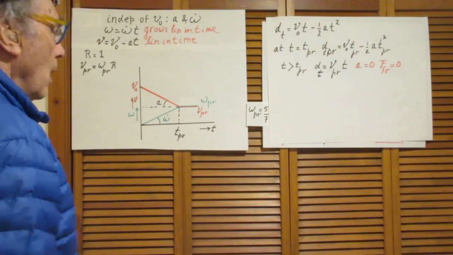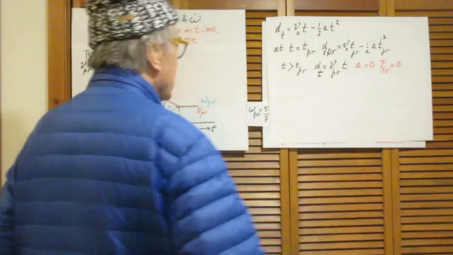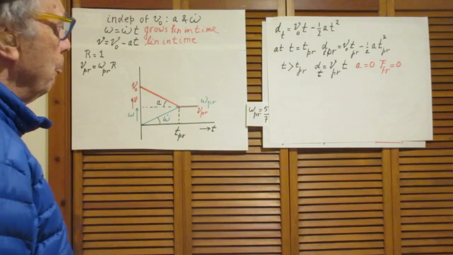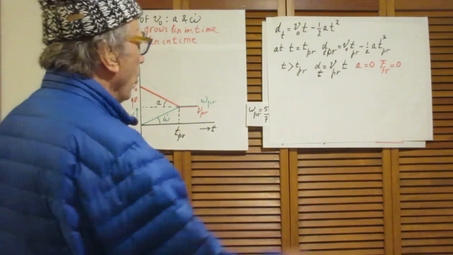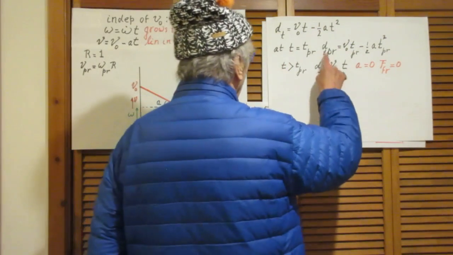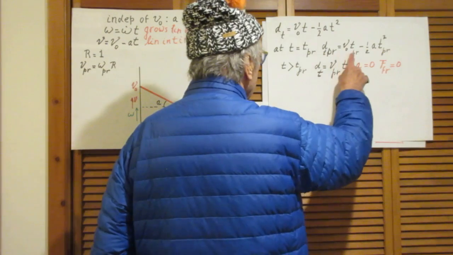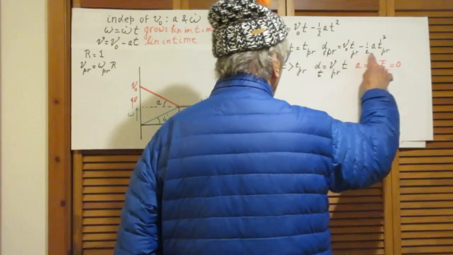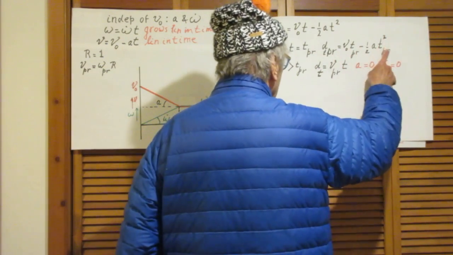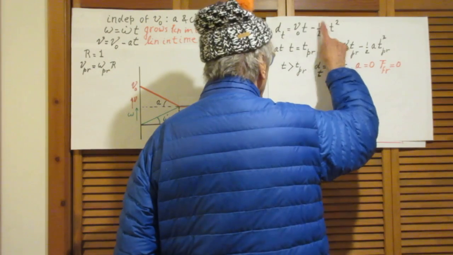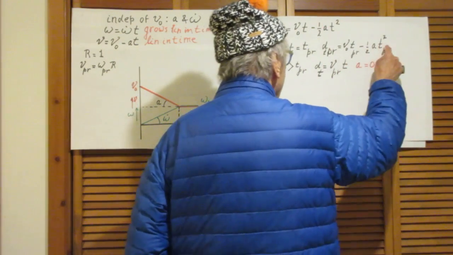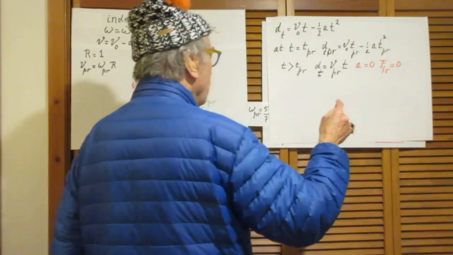When t reaches the time of pure roll, then of course d, the t's are now t pure roll. So this is before it reaches pure roll. This is at the moment that it reaches pure roll.